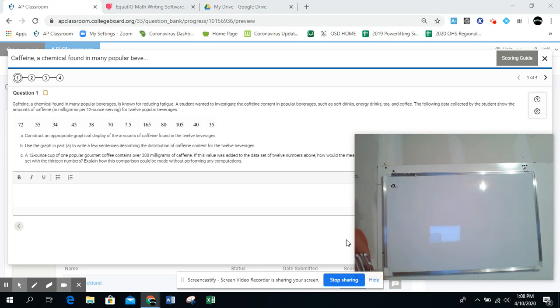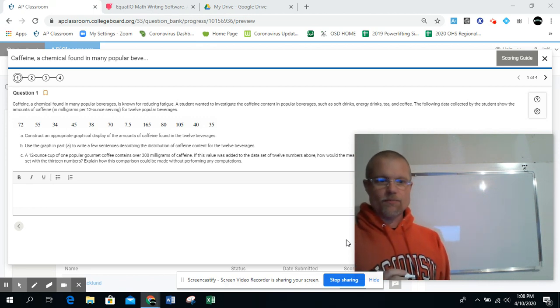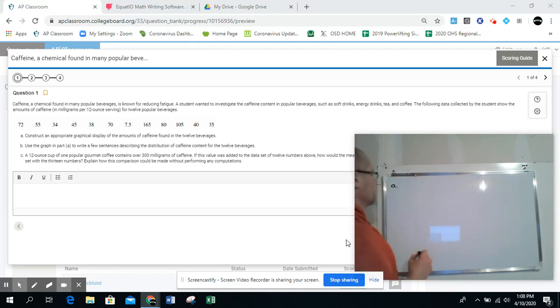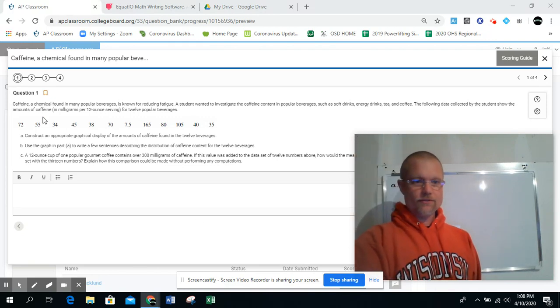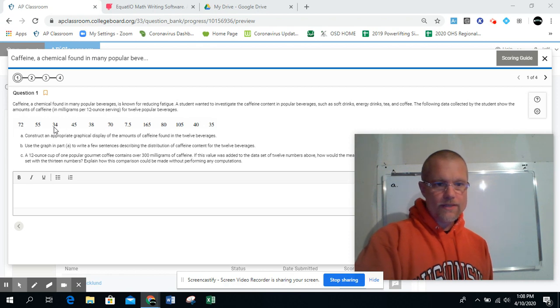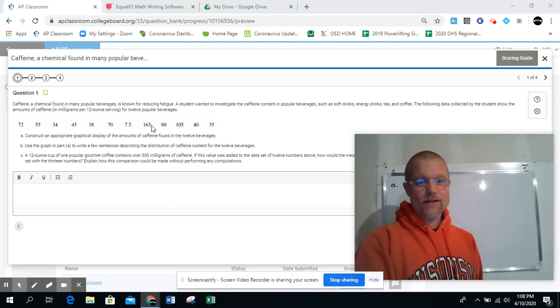If I'm going to do a box and whisker plot, then I'm going to need to come up with a 5-number summary. Looking at our points, our lowest point is 34, and our highest point is 165. And that might be an outlier. We'll check that in a minute.